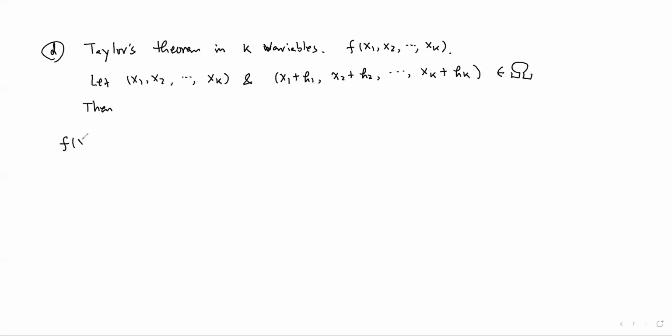Okay, then the formula is f of (x1 plus h1, x2 plus h2, ..., xk plus hk).